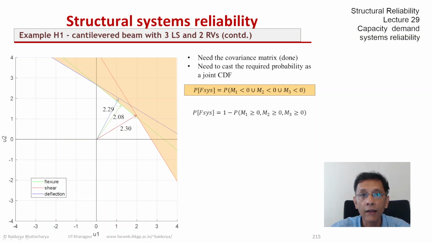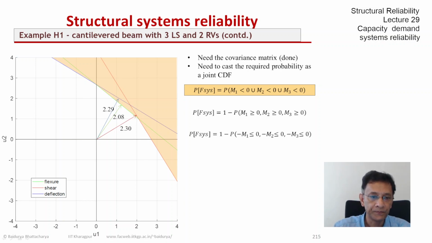So now we have intersecting events, so that's good, but they are of the greater than type, so we have to convert them to the less than type, which is obvious. M1 greater than or equal to 0 is minus M1 less than or equal to 0. So we convert that.